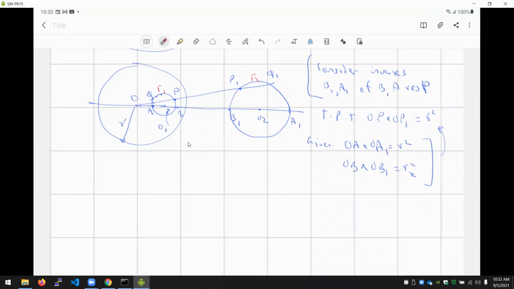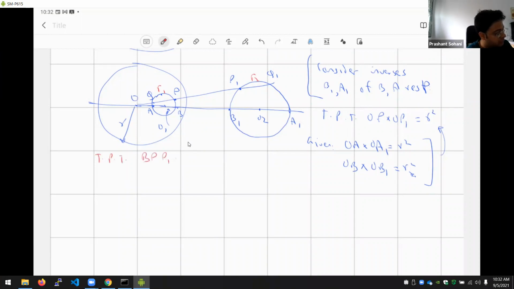That is the right approach. If you are able to prove that BPP1B1 is cyclic, then we are done. Because then this would imply that OP into OP1 equals OB into OB1, which we already know equals R square.